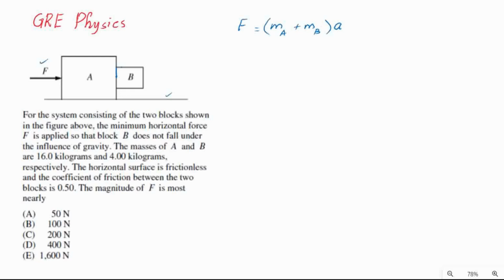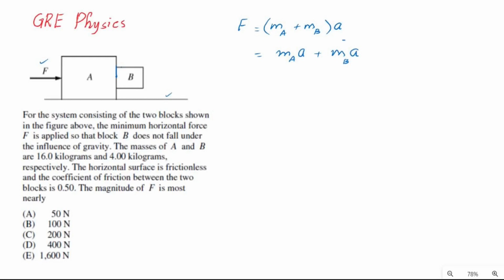This can further be written as mass of block A times the minimal acceleration A plus mass of block B times the minimal acceleration A.